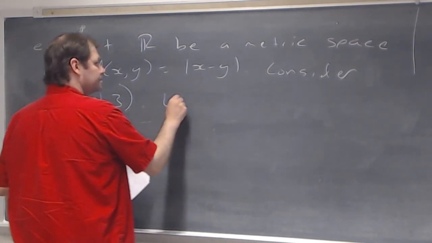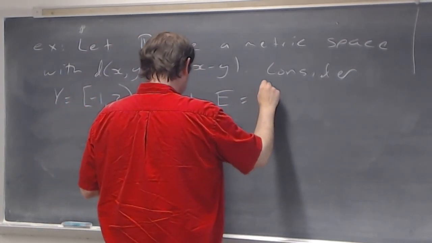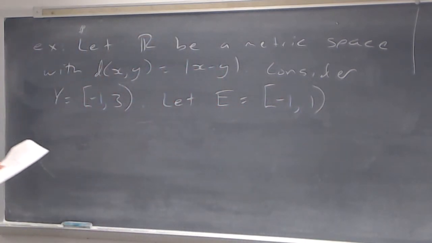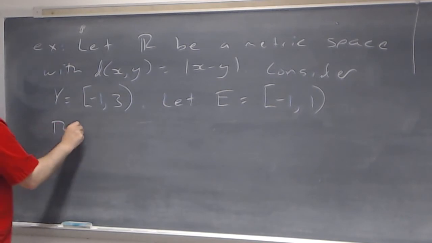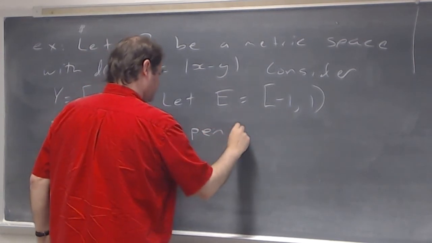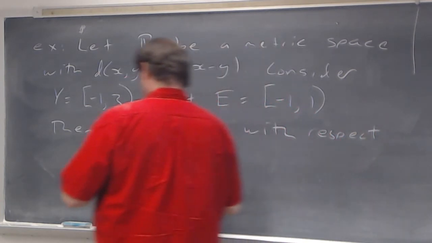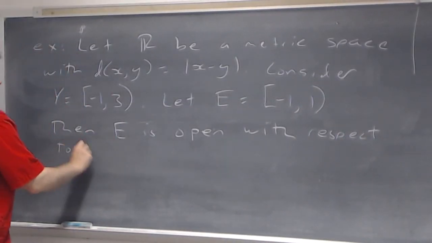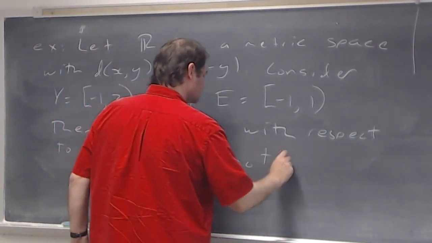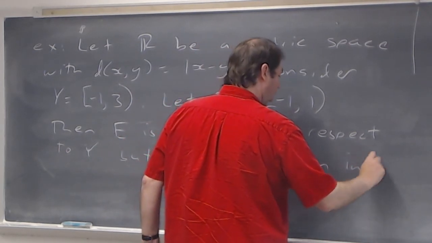And then let E be equal to the interval from -1, including -1, to 1, but not including 1. Then E is open with respect to Y, but E is not open in R.